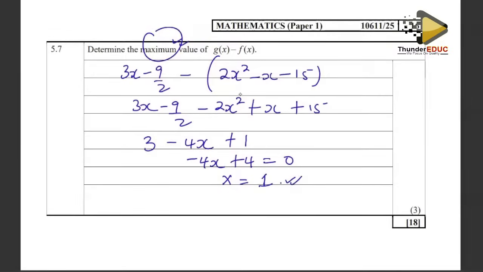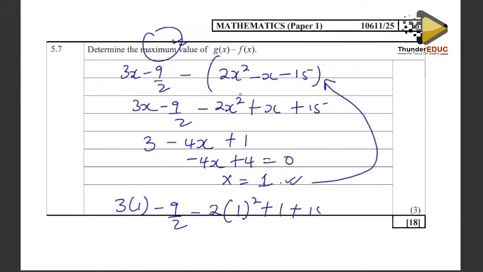Then let me just substitute this back into that expression and see what I end up with. So it's going to be 3 times 1 minus 9 over 2 minus, we have 2 times 1 squared plus 1 plus 15. I'm getting something like 12,5. That's the maximum.